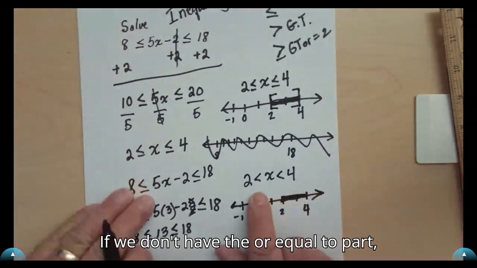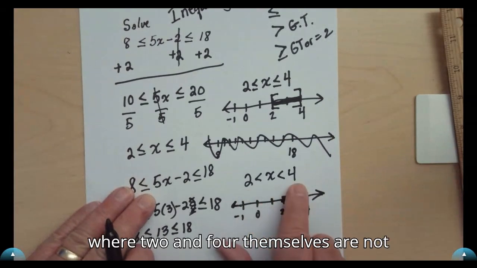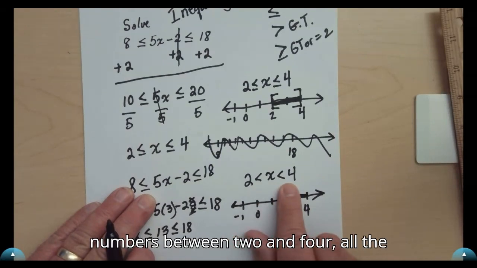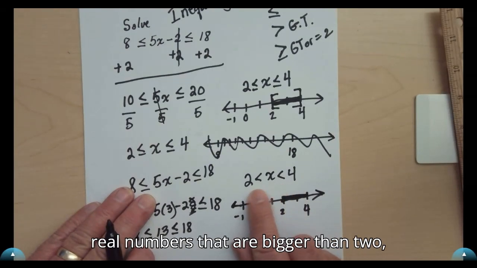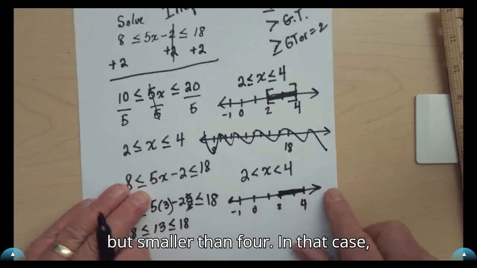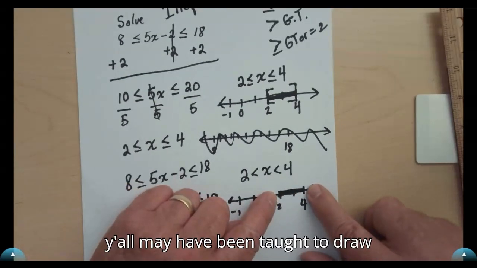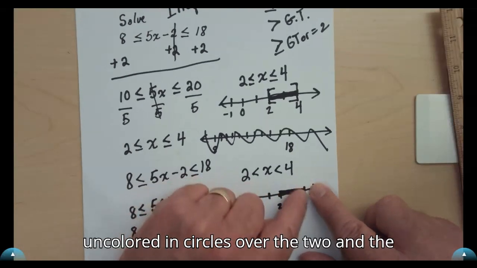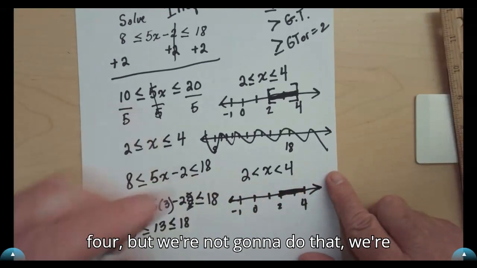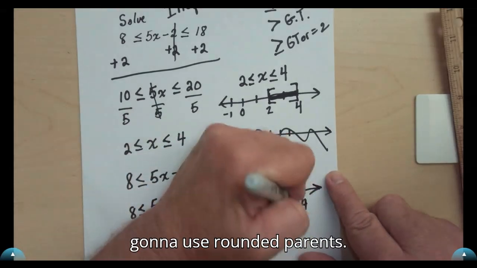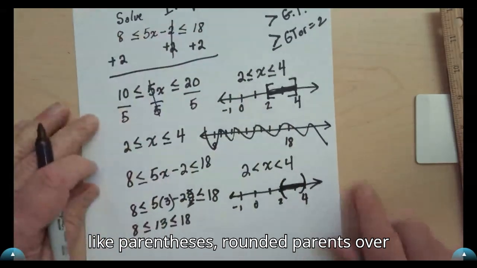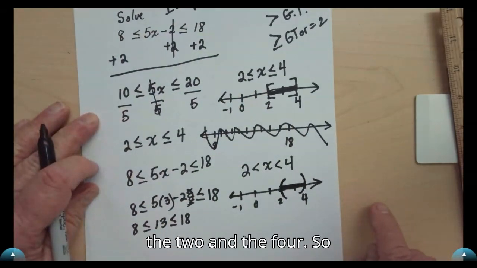If we don't have the or equal to part, where 2 and 4 themselves are not solutions, just all the real numbers between 2 and 4, all the real numbers that are bigger than 2 but smaller than 4, in that case, you may have been taught to draw uncolored circles over the 2 and the 4, but we're not going to do that. We're going to use rounded parentheses over the 2 and the 4.